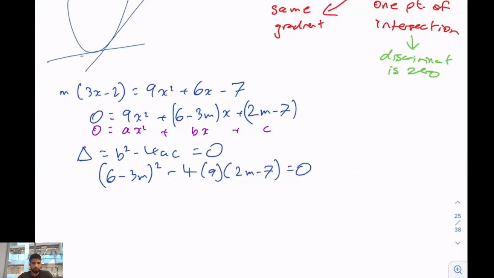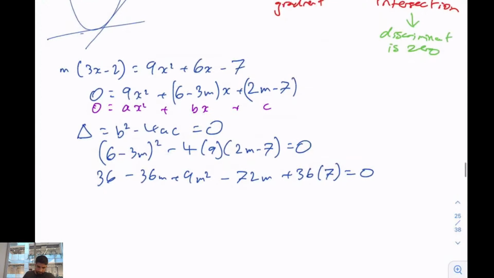Right, we can simplify this and get some solutions. We expand: 36 minus 36m plus 9m squared, minus, we have got 72m minus 252, that is 36 times 7, equals 0.